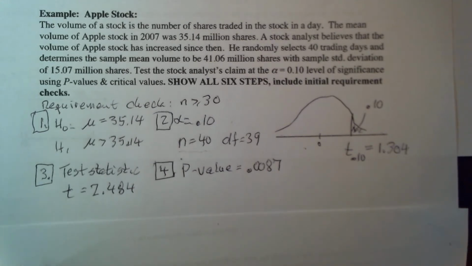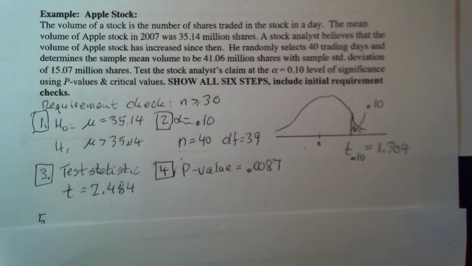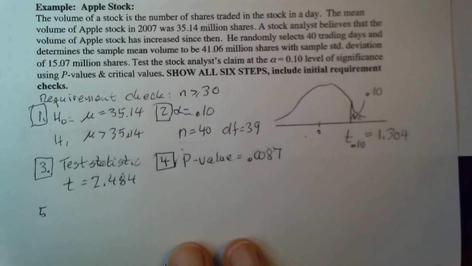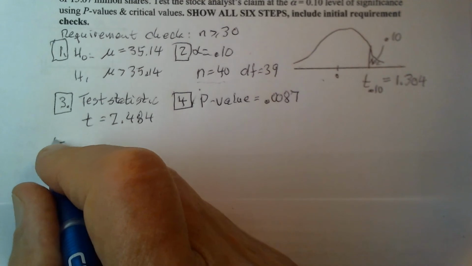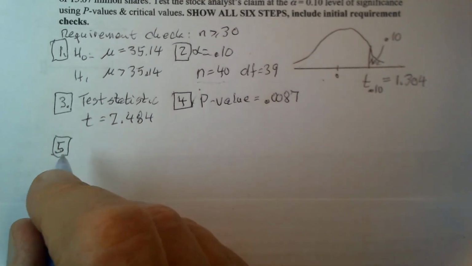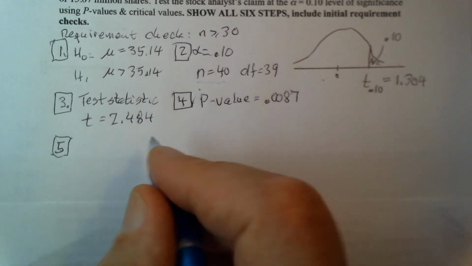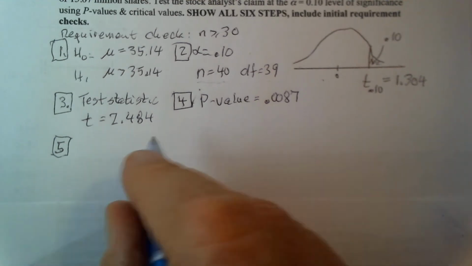Now the fifth step is we decide. Is t, 2.484, in the rejection region?